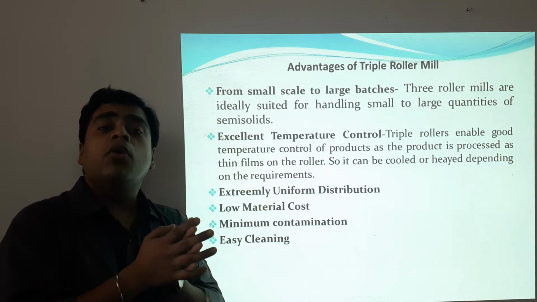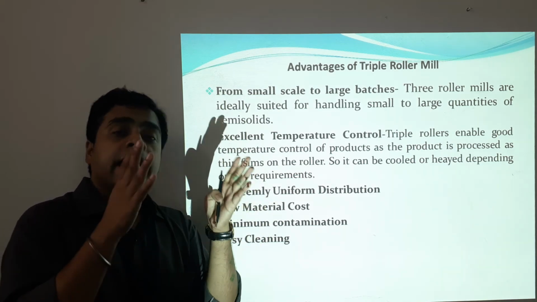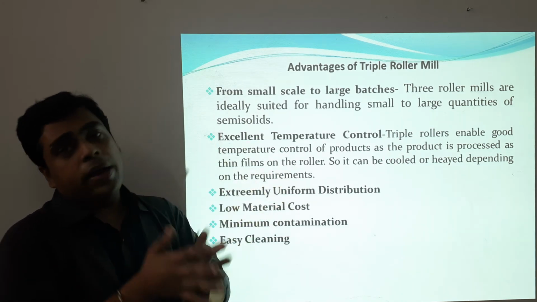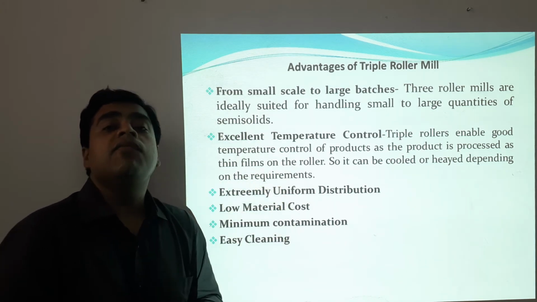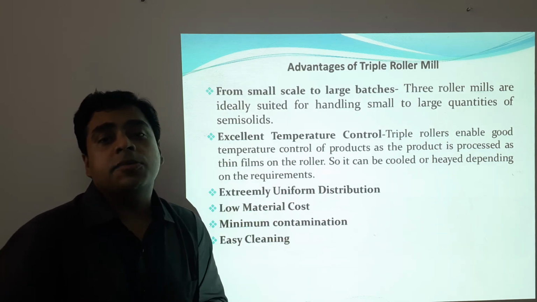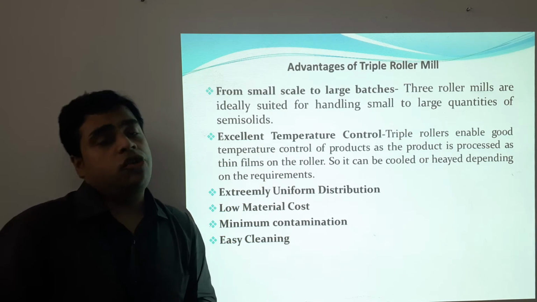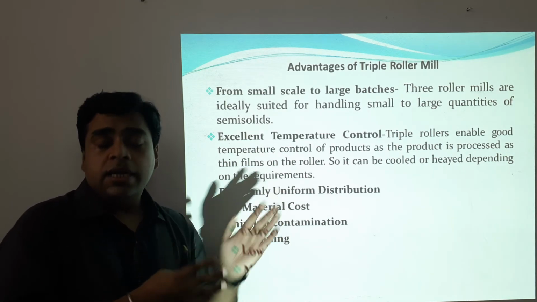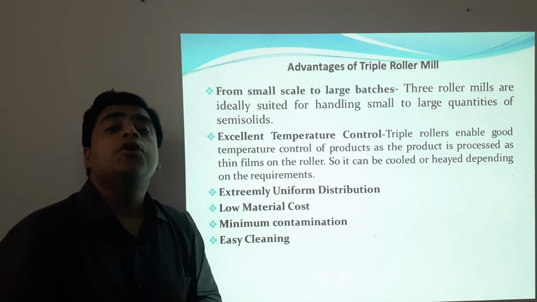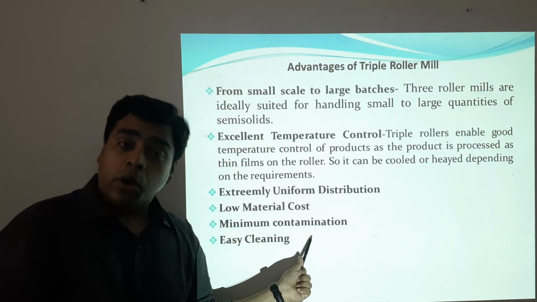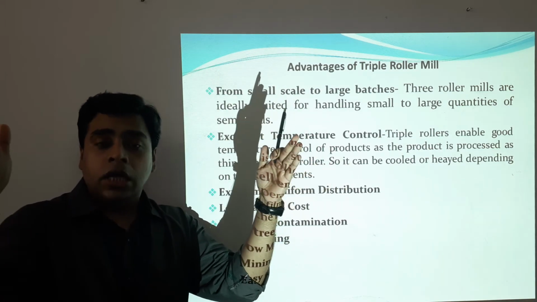Each and every roller can be provided with such an attachment so that if the material needs cooling, then cooling can happen. If the material needs heating, then that attachment can also be done. Next, extremely uniform distribution. This machine provides quite good uniform distribution, low material cost, and minimum contamination if it is placed in a covered system.